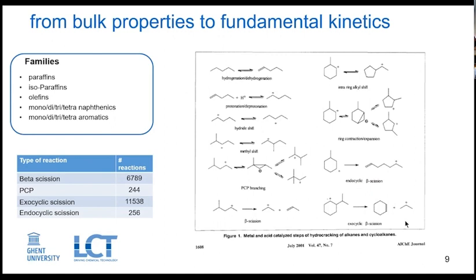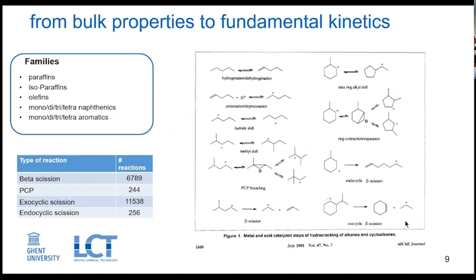This is a brief overview of all the reactions that are taken into account in Prime. The main reactions are methyl shift, hydrocracking, the hydrocarbon reactions, branching, beta scission, and also those for naphthenic compounds. Debranching and ring opening are among the main reactions.